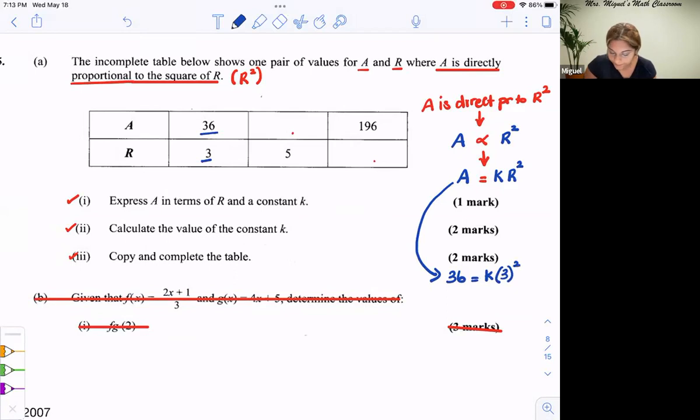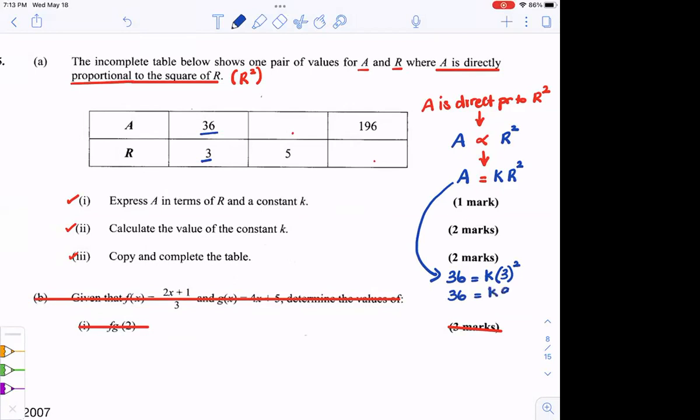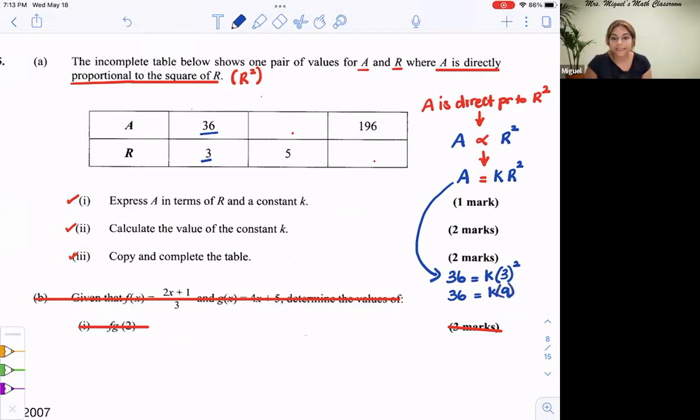So now I want you to square 3. What is 3 squared? 9. Right. Now, find k. Four.